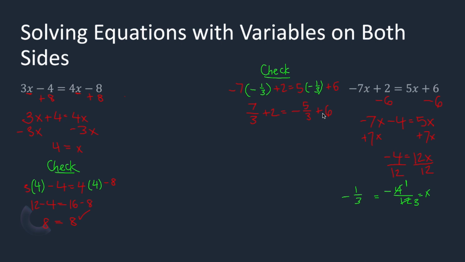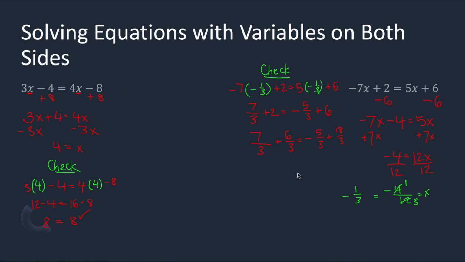Now, to evaluate this, it would be much easier if we made these into fractions as well, improper fractions. So let's do that. 7/3 plus 2 times 3 is equal to 6, so 6/3 is equal to negative 5/3 plus 6 times 3 is equal to 18, so that's 18/3.